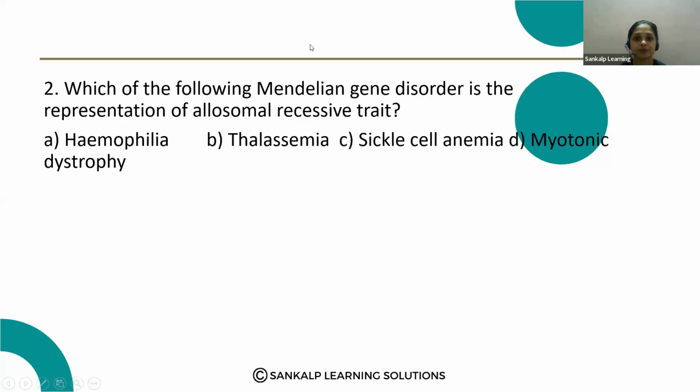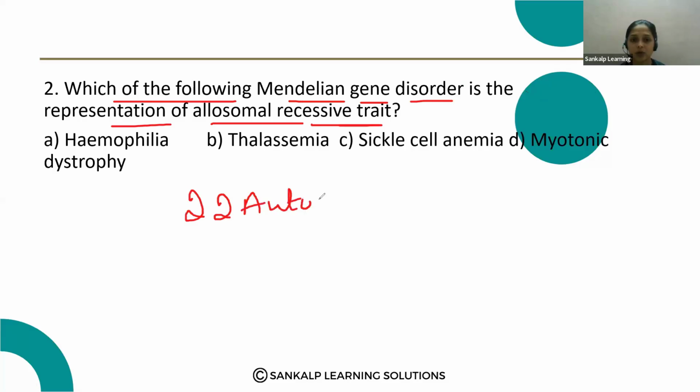Second question. Which of the following Mendelian gene disorders is a representation of allosomal recessive trait? Here, you know that a total of 22 autosome pairs are there.